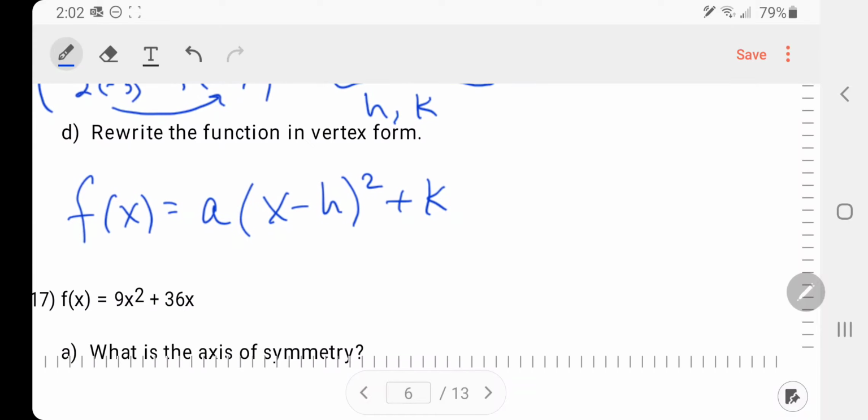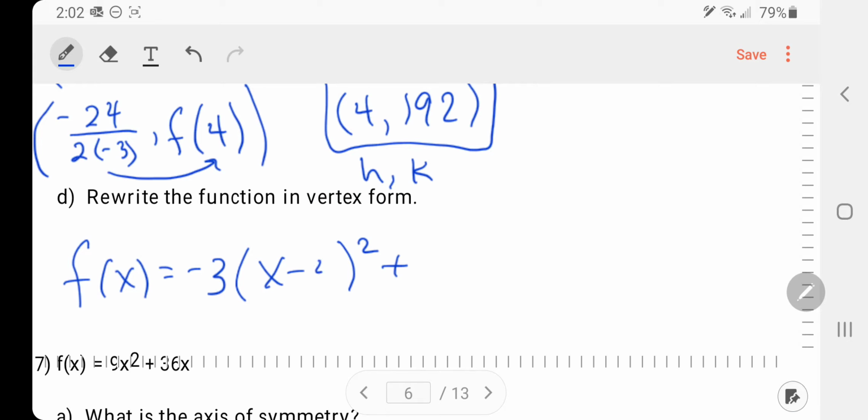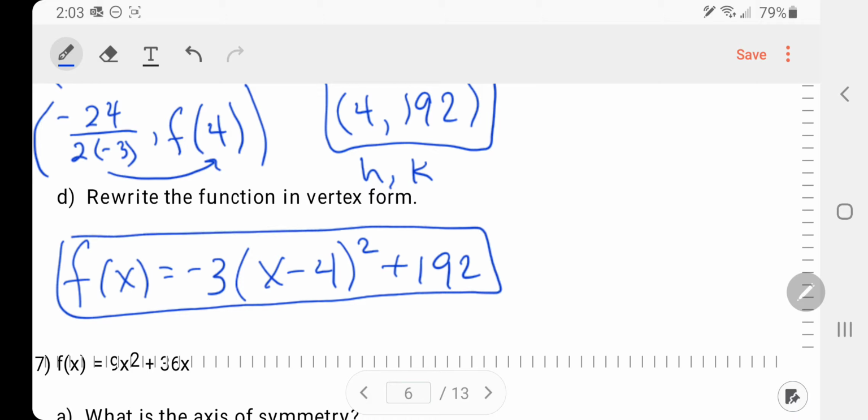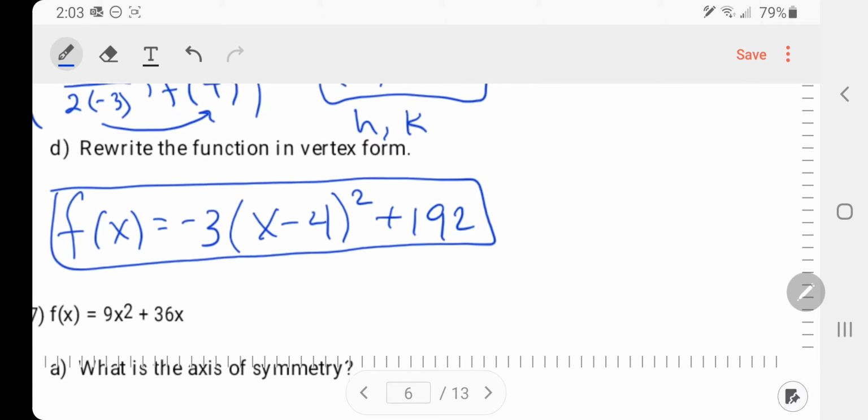And so if we do a little rub and replace here, a was -3, h is 4, and k is 192. And so that gets us our function in vertex form. Piece of cake.